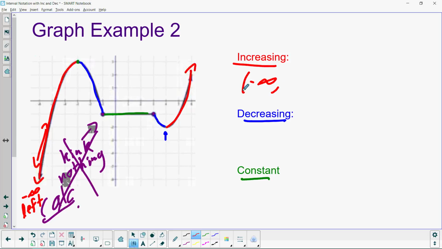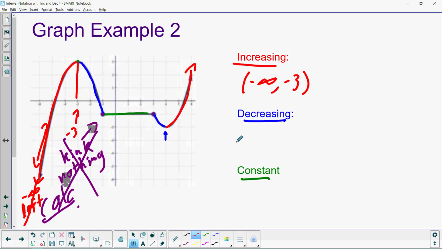Here's the part where kids mess up. We don't care how high it is. I just want to know how far over is it. So right here we're at -3. So we're going from negative infinity. I start forever far away and come over until -3. We're going to ignore that point for right now.